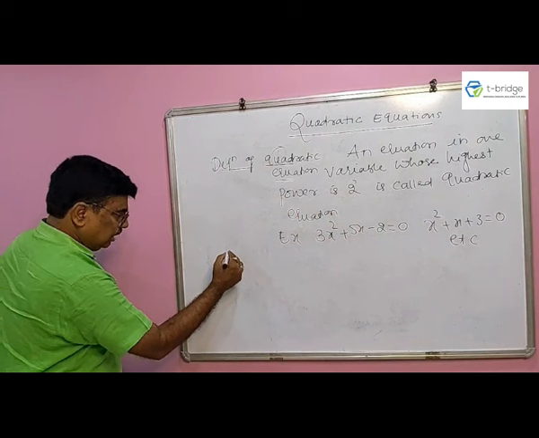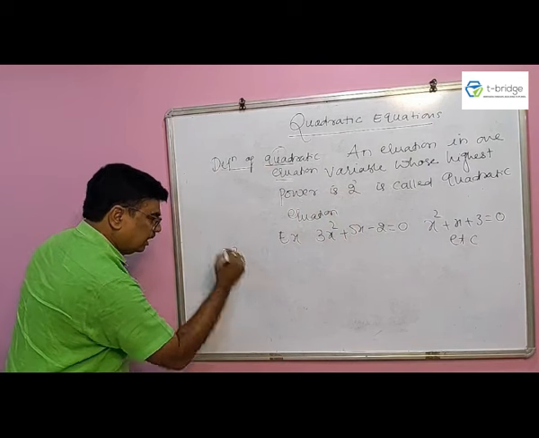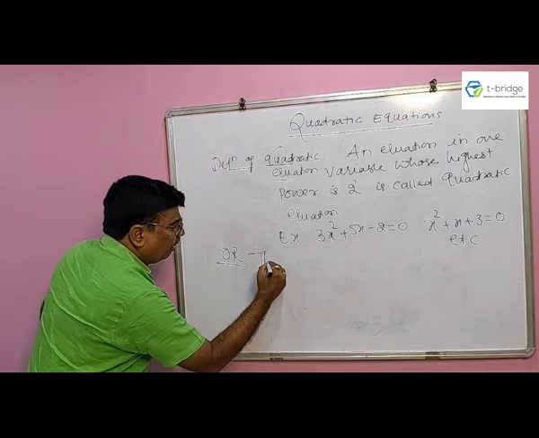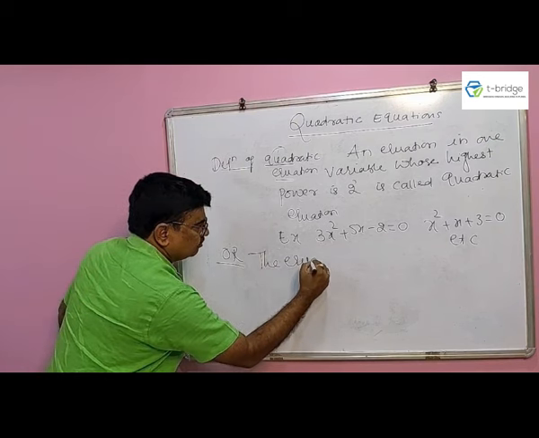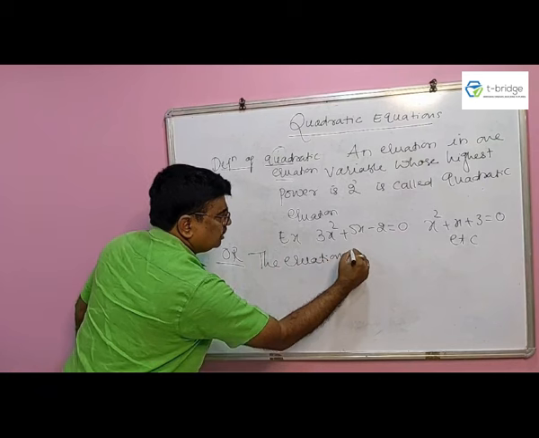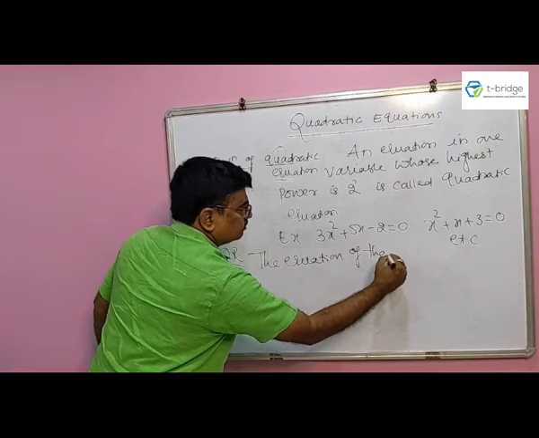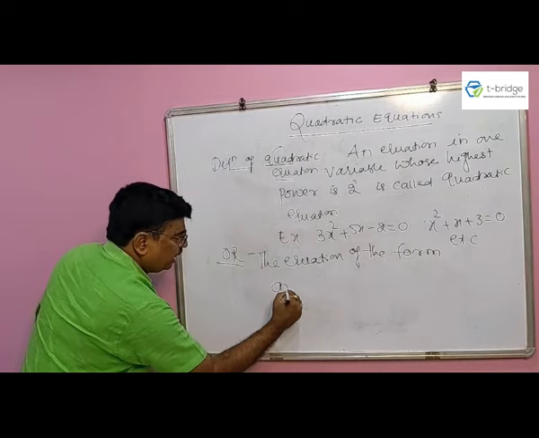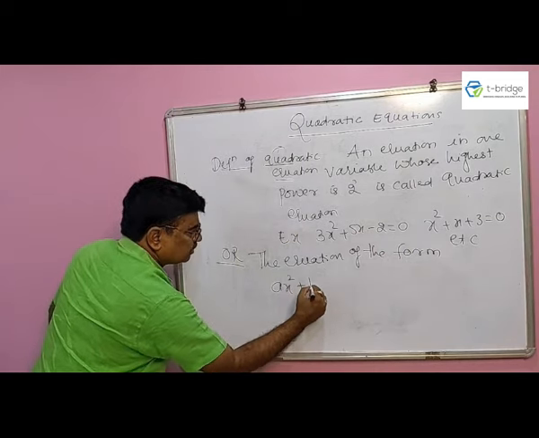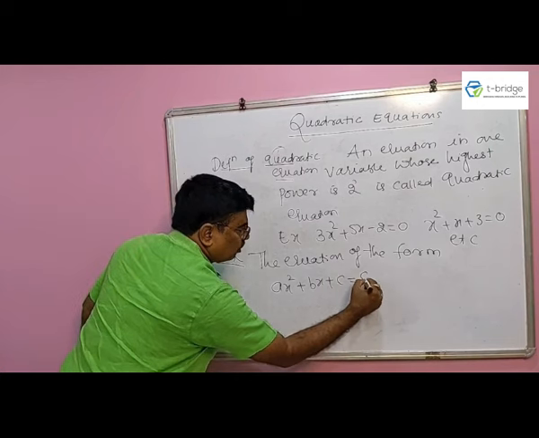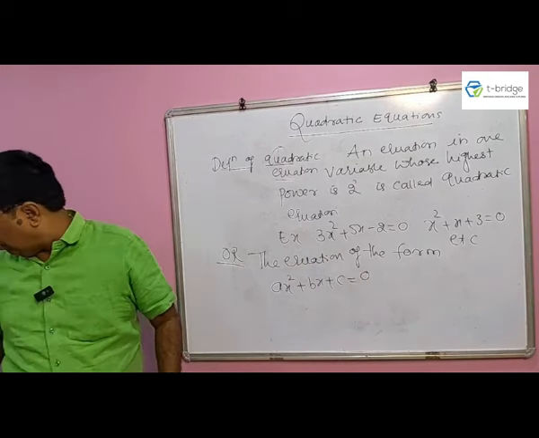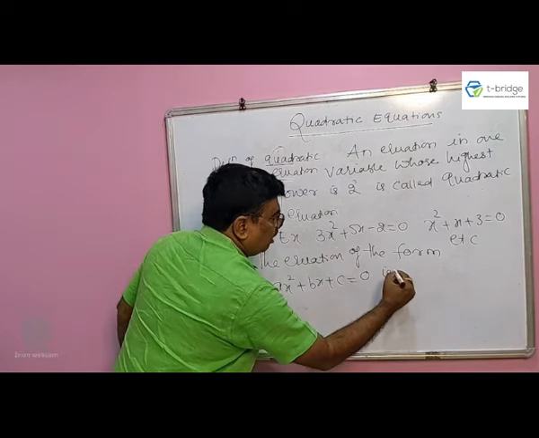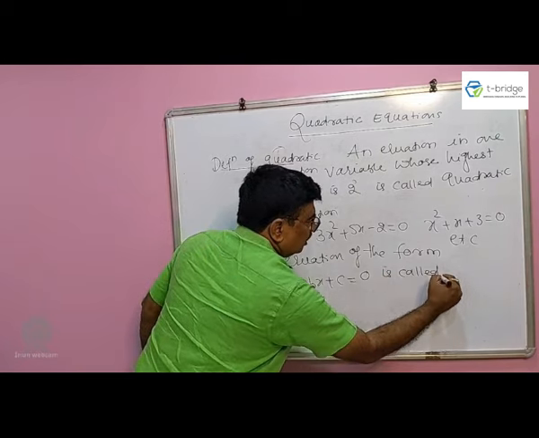Or the definition is also given as: the equation of the form ax square plus bx plus c equals 0 is called a quadratic equation.